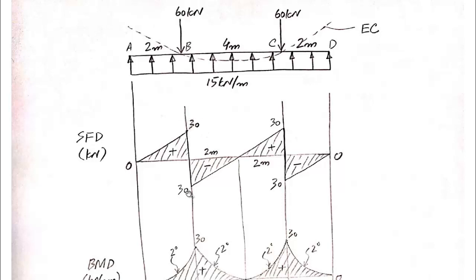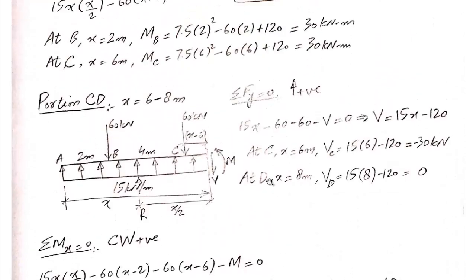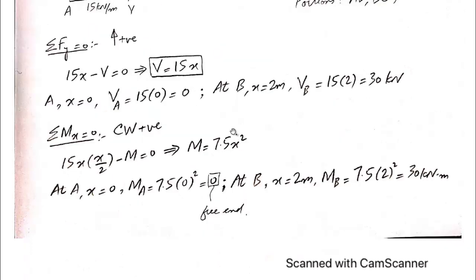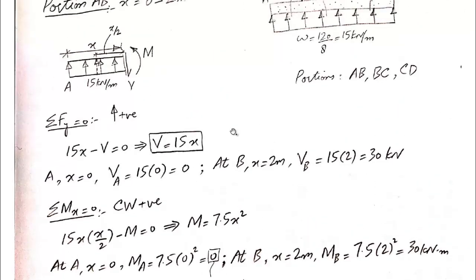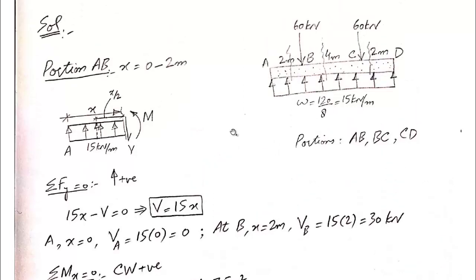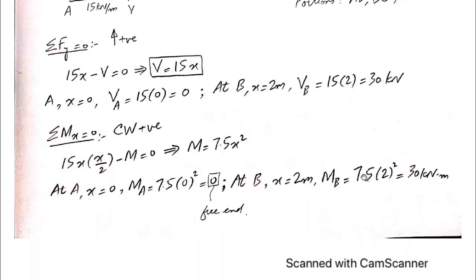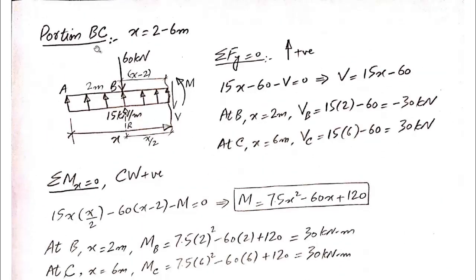And at point B, for point B we have two values. The first value is coming from portion AB. So where is portion AB? The value of shear for point B from the AB side is 30 kilonewton positive, and the value of shear for the same point from portion BC is minus 30 kilonewton.